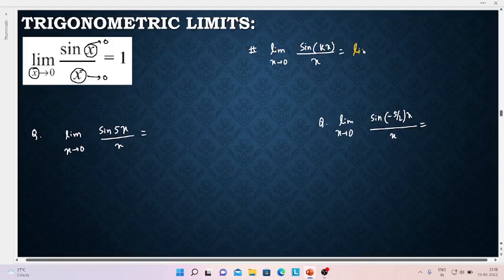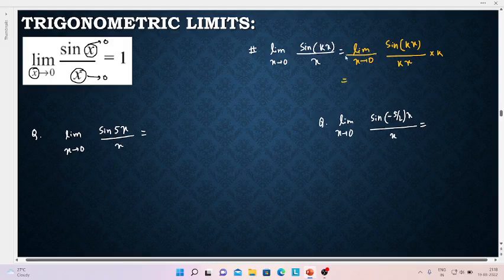So basically we can write this particular limit as limit x tending to 0 of sin kx upon x. We have to multiply the denominator x with k, and we have to multiply the function with k as well. Now you can see that k and k will cancel out, and we get the previous limit equation.